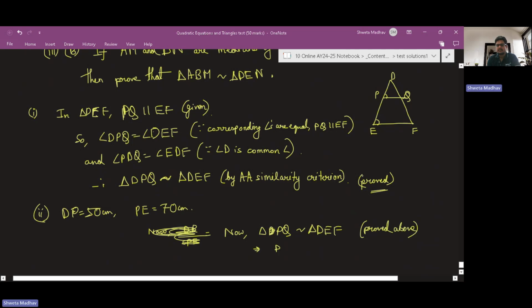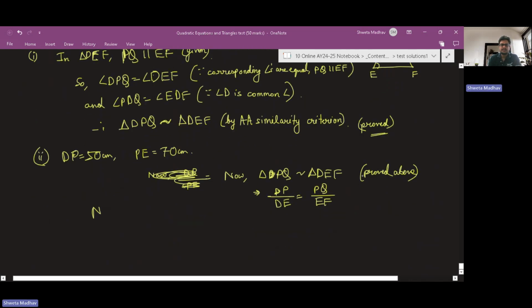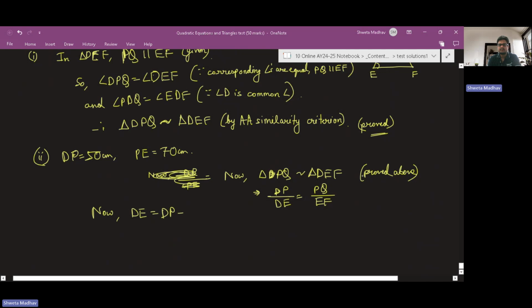So I can say DP by DE is equal to PQ by EF. Now PE has been given as 70 centimeters, so DE is equal to DP plus PE, which is 50 plus 70, that is 120 centimeters, and DP has been given as 50.